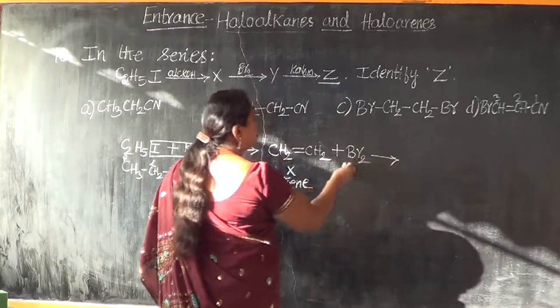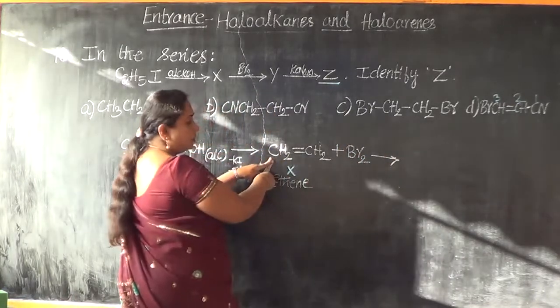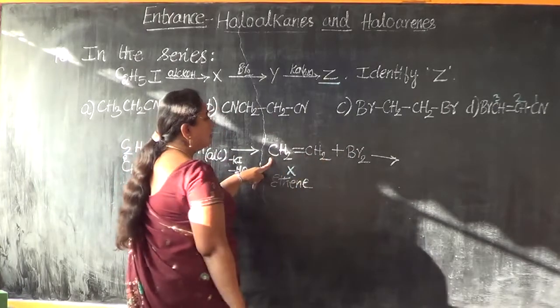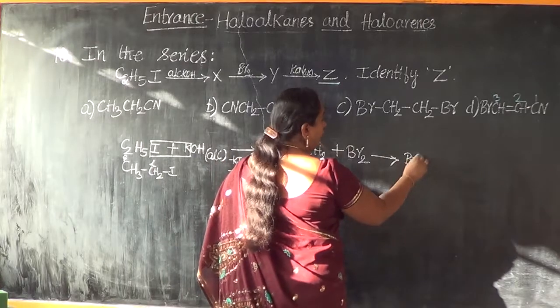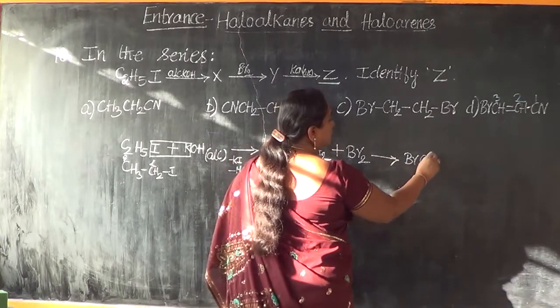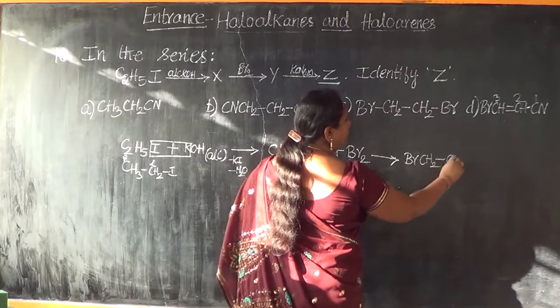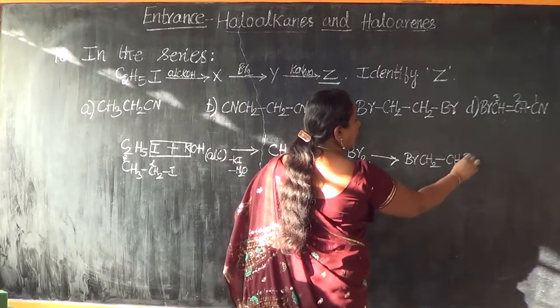This is treated with Br2. It's an addition reaction. One Br attaches to this carbon, one more attaches to the other carbon. Then we are left with Br, CH2, single bond, CH2, Br.